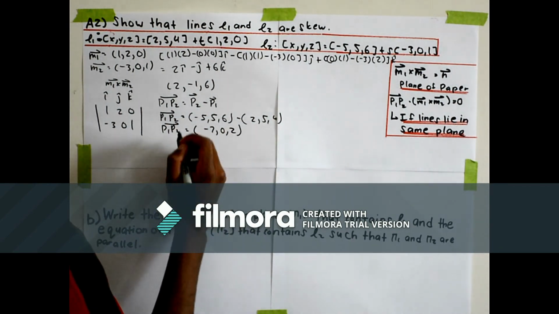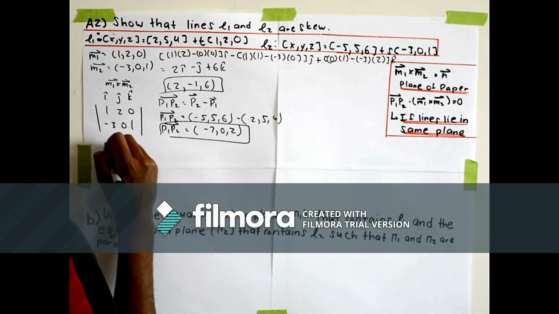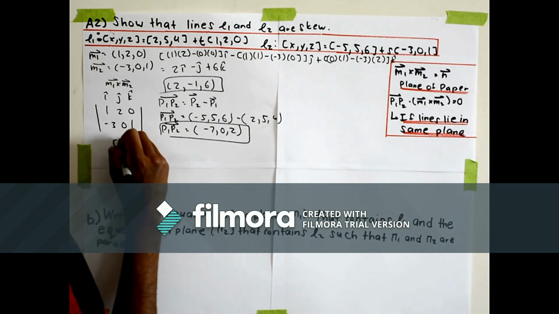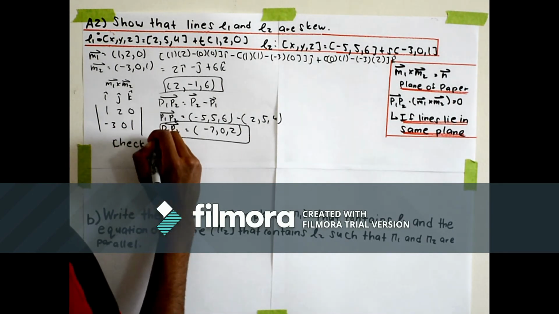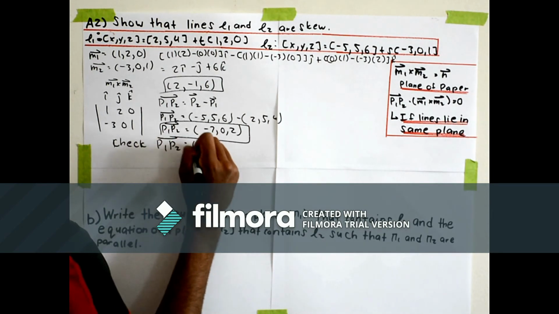So now to check if these two lines are skew, we're going to see if the dot product between vector P1P2 and the cross product of vectors M1 and M2 equals 0. If they do not equal 0, that means that these two lines are skew.